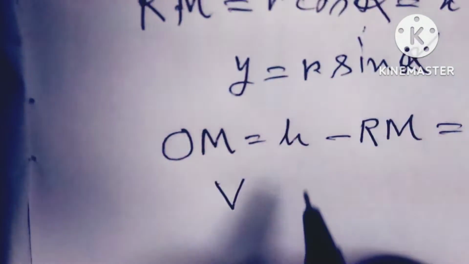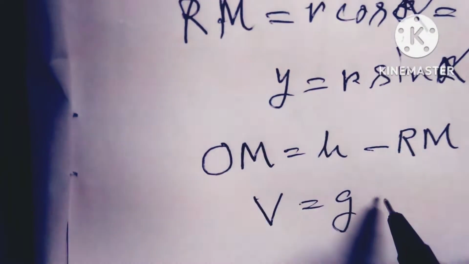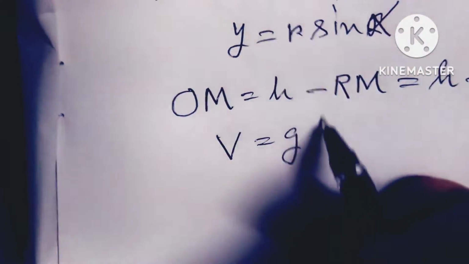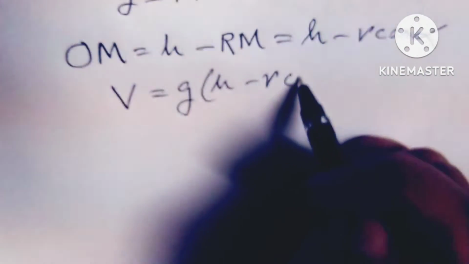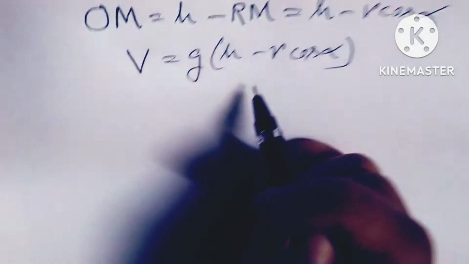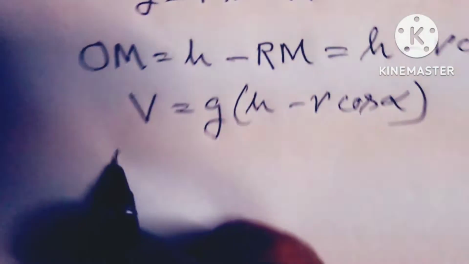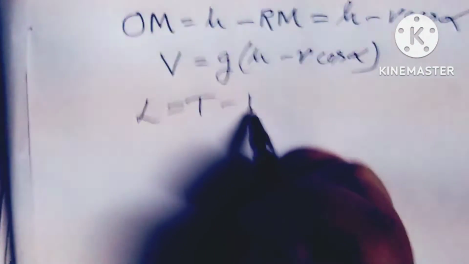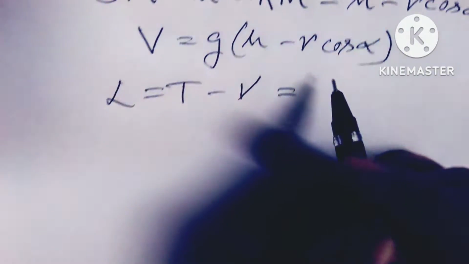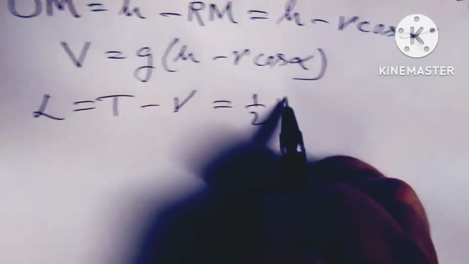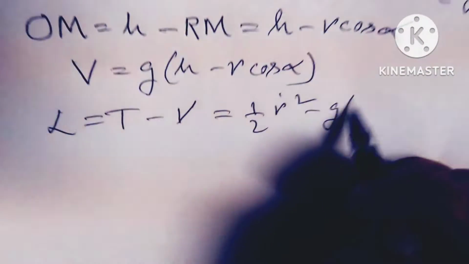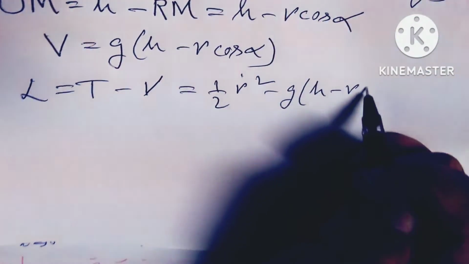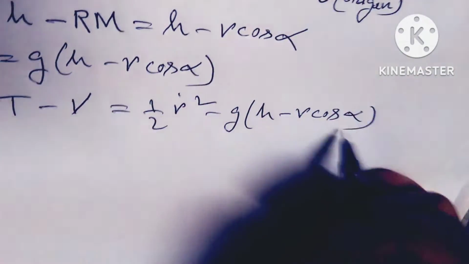The potential energy V is equal to mgh, so g(h minus R cos alpha), and the Lagrangian L equals T minus V. So L equals half r dot squared minus g(h minus R cos alpha).